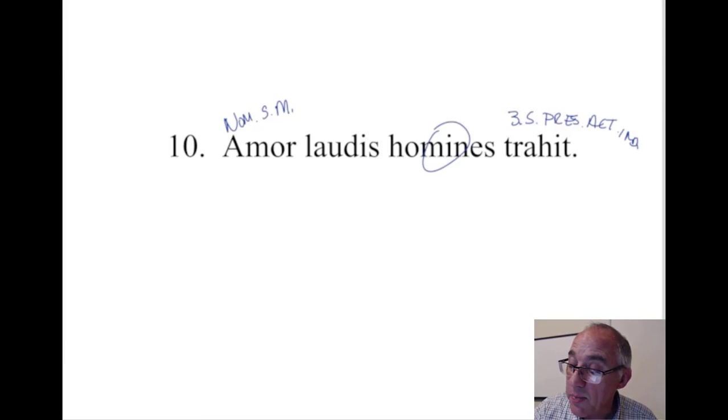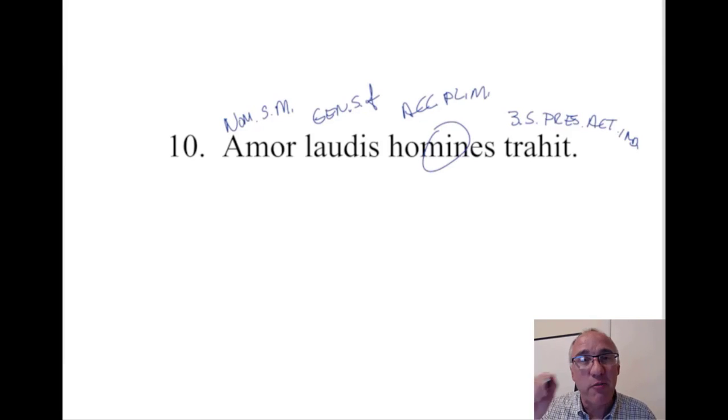Homines is accusative, plural, masculine. Love draws men. All right, now what do we do with this laudis? Well, if you analyze it, it is genitive, singular, feminine. That genitive regularly and consistently goes right after the noun as the genitive of. Love of praise drags men.